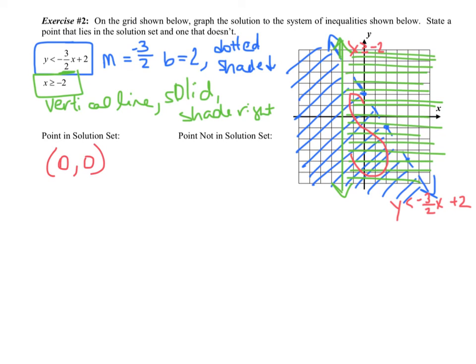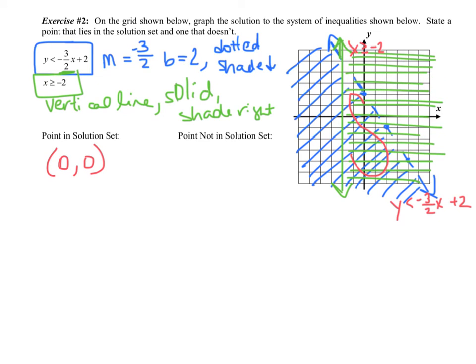A point not in the solution set. All right, well, we need to find a point that is either not highlighted at all, not shaded at all, which there's not very many of them on this graph, or we need to find a point that's shaded by one of the graphs and not the other. So I'm just going to stay in my positive zone so that it's nice and easy.